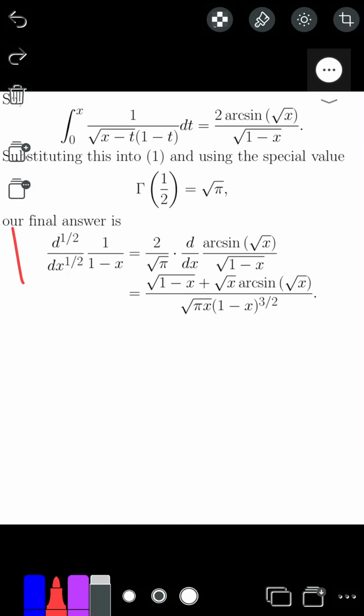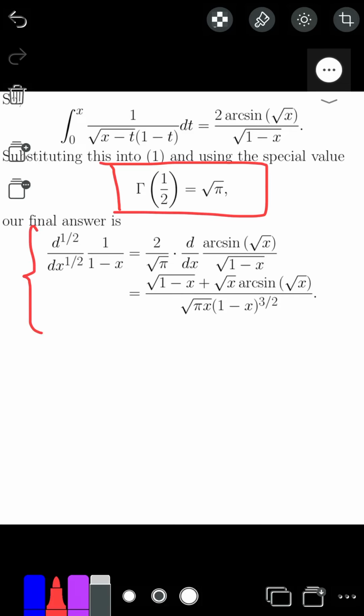And so we're going to substitute this result into that equation, and using the special value here, gamma of 1/2 is equal to square root of pi. So after substituting the result for the integral and using this special value for the gamma function, we get our final answer, right here.